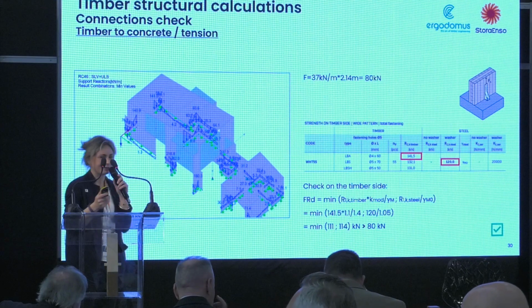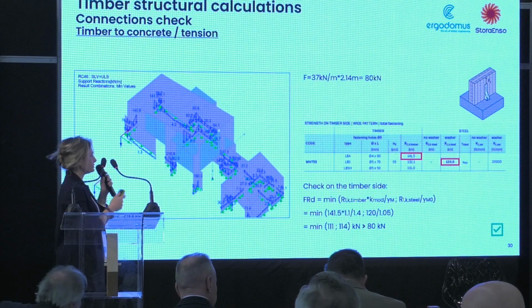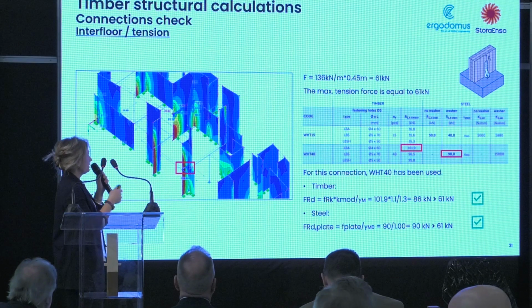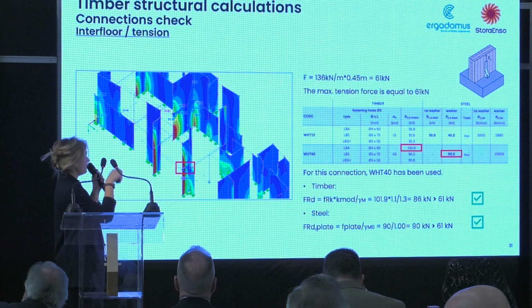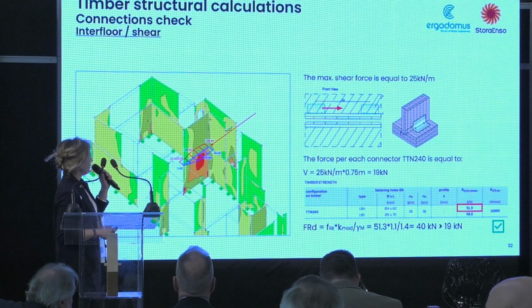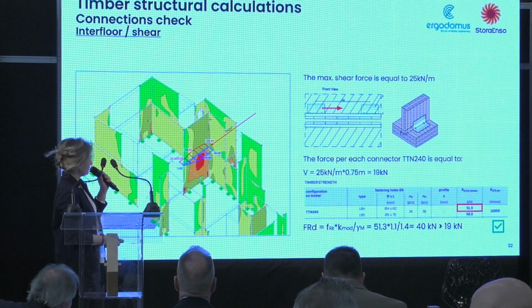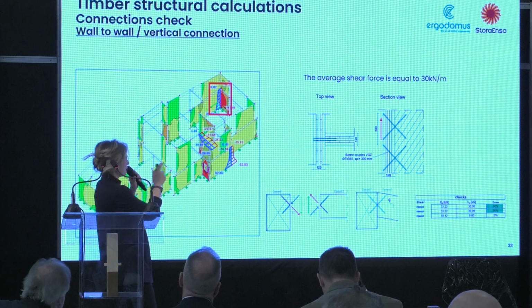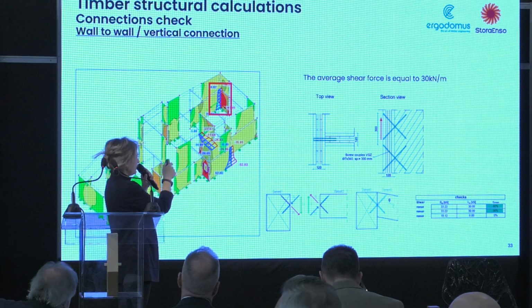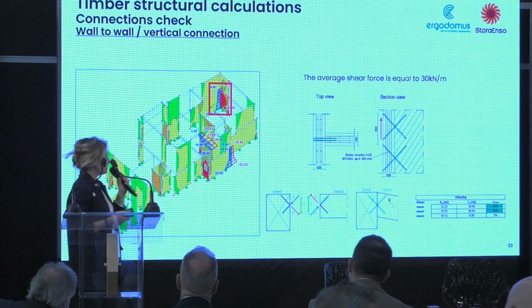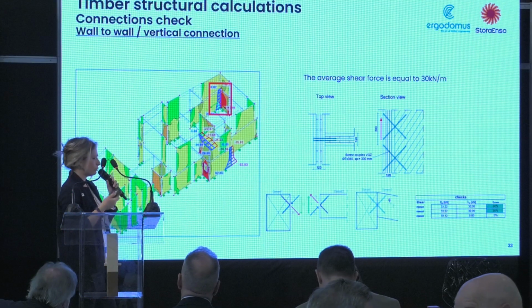And Rotoblas will show you later which is the best connection in this case. The same goes for the interfloor connectors. Again, interfloor connectors. This is a connection between a vertical CLT wall and a horizontal CLT floor, and it's done simply with 2 screws.